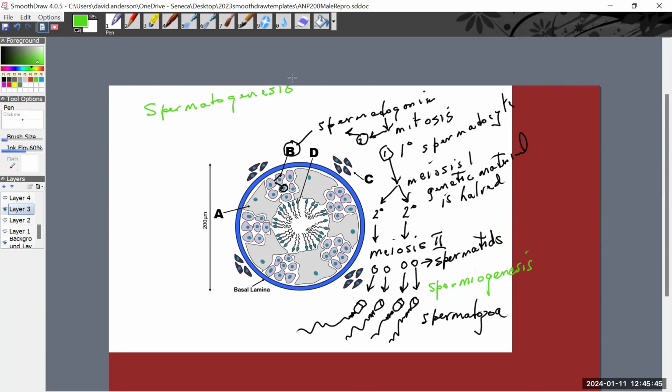For spermatogenesis to be complete, we have to go through mitosis, meiosis 1, meiosis 2, and spermiogenesis.